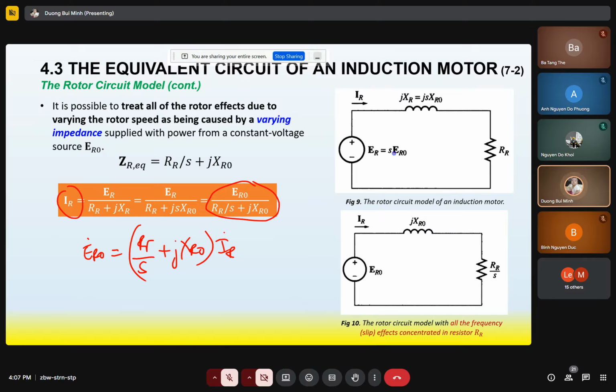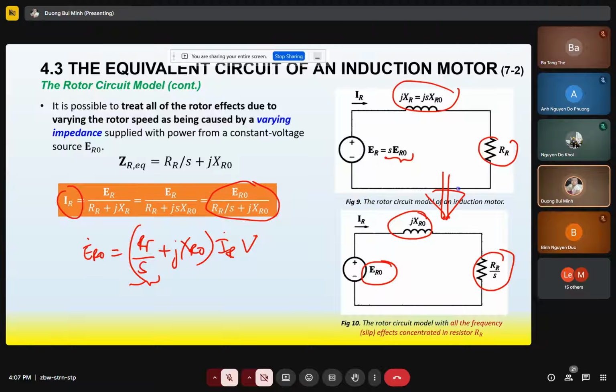At the beginning we have ER equals S times EI0, this one and this one, and when we modify, you get this equation. For this equation, now this one is EI0, this one is RR over S, and this one is jXI0. So we can modify the rotor circuit to become this one.